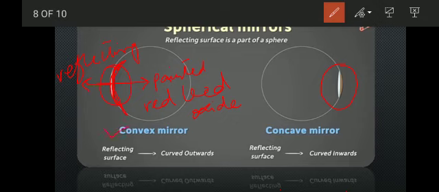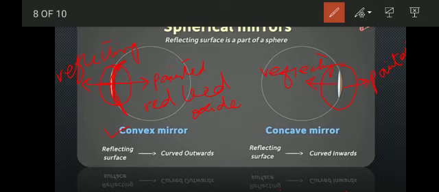And in a concave mirror, you can see the inner curved surface is reflecting and the outer side is painted. So you can easily recognize these two. You can easily differentiate between these two mirrors, because in a convex mirror the outer side is reflecting and in a concave mirror the inner side is reflecting.